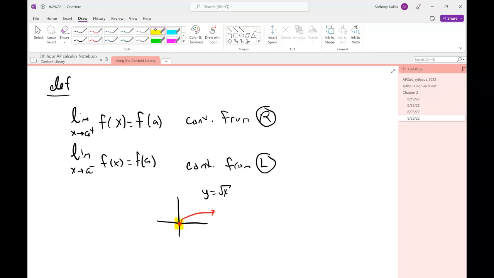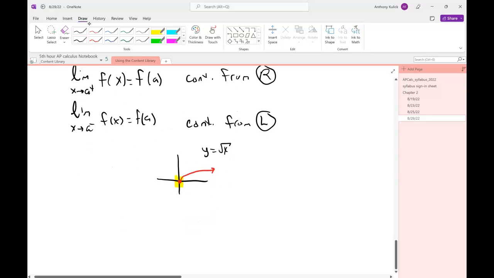So we would say this has continuity from the right. If you have a function that has a definite start or end to it, piecewise functions also, all over the place, are going to have that kind of one-sided continuity. Is everybody okay with this idea?